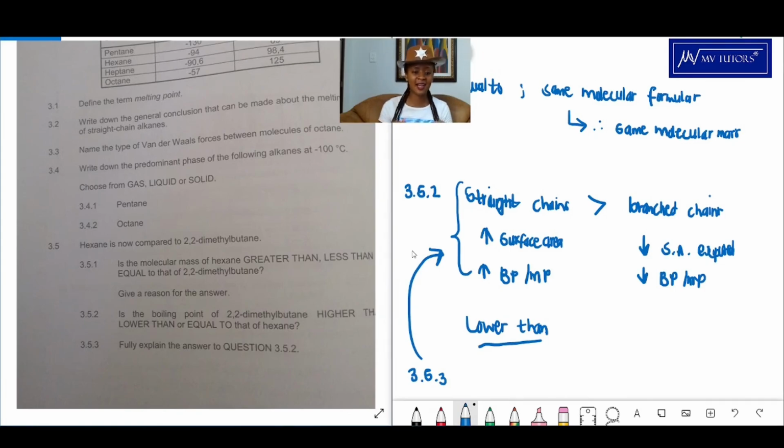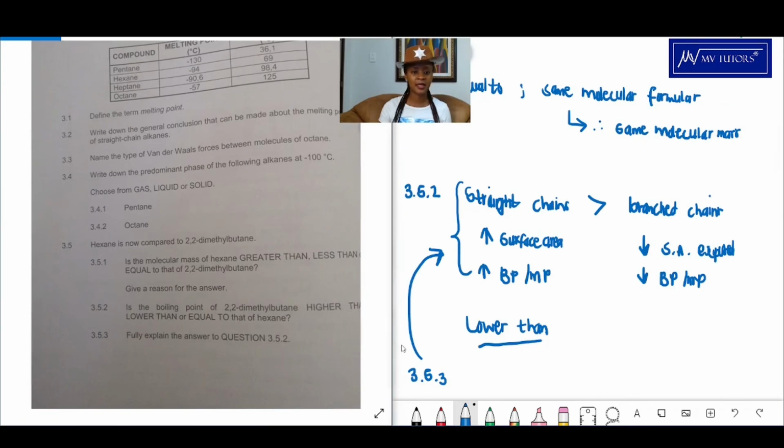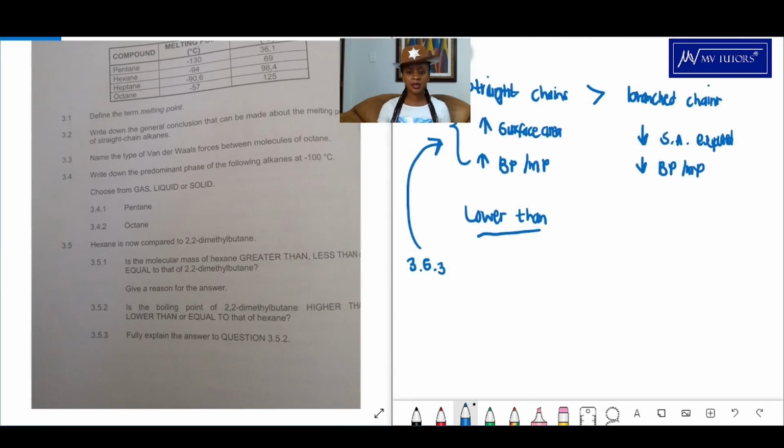And we are now, oh, how many marks? I can't see how many marks this was. But here's the thing. You're going to talk about the chain itself. First of all, you have a straight chain for hexane and you have a branch chain. Because of the straight chain, you have a higher surface area that is exposed, and a branch chain has a lower surface area that is exposed. So as a result, you have stronger bonds for the straight chains.